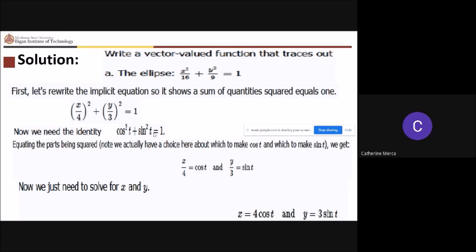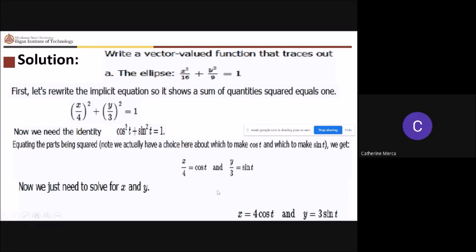So this is the first example here. You have x over 4 equals cosine t and y over 3 equals sine t. Solving for x, we multiply both sides by 4, so x equals 4 cosine t and y equals 3 sine t.